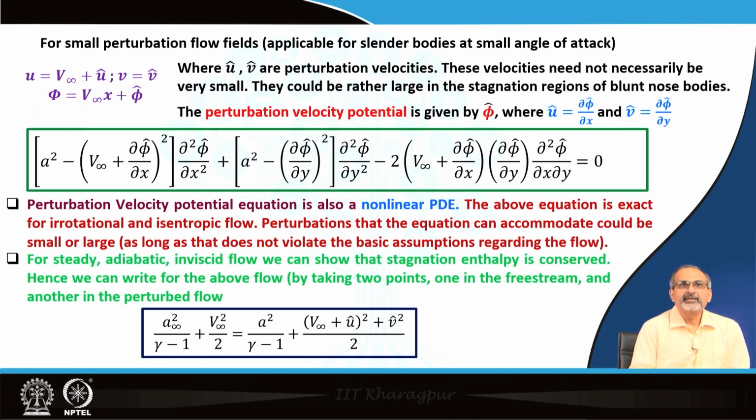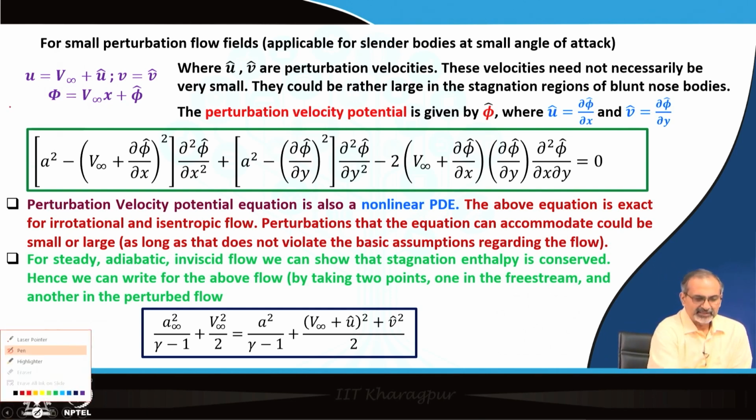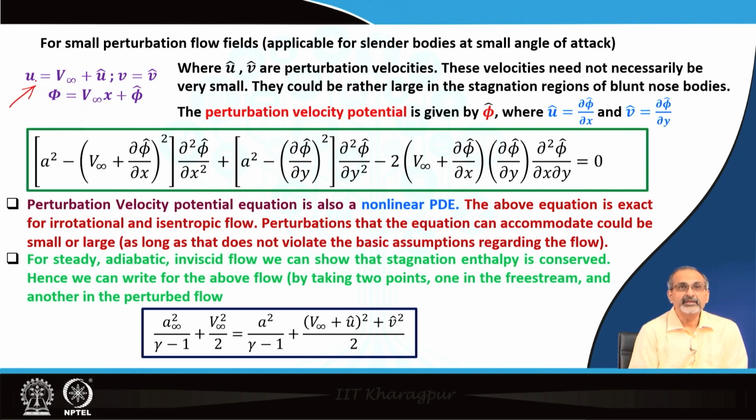Now, you see that in the perturbation form, we define the velocity components like this: the u component of velocity is represented by its free stream component v infinity plus a perturbation u hat, the v component by v hat. If it was a 3D form, then w would be equal to w hat.